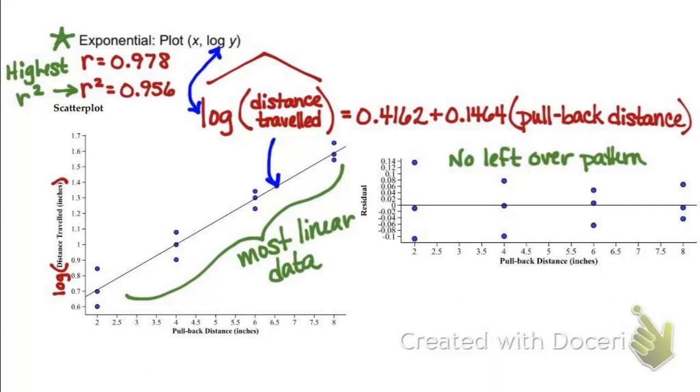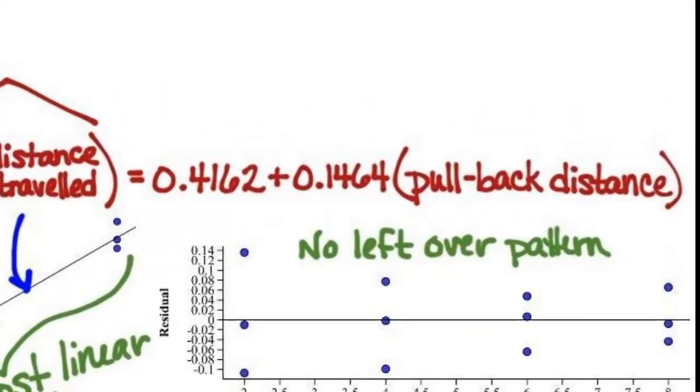That's the highest R out of all three of them, right? Certainly the highest R squared out of all three of them. Is there still a really strong curved pattern to our residual plot? No. No leftover pattern. So this one is the best model for us.